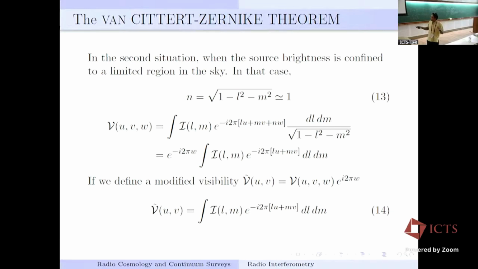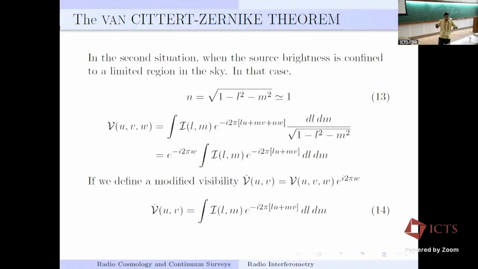It turns out that visibility is basically the Fourier transform of this I, which is basically the intensity in the sky, isn't it? We have not done anything fancy. If we can measure the electric field coming from the sky precisely, multiply, and do an average, which we call visibility, it turns out that it is the Fourier transform of this intensity distribution on the sky.